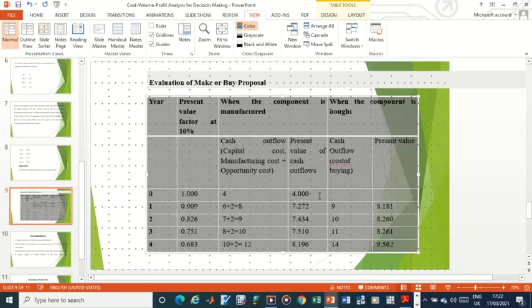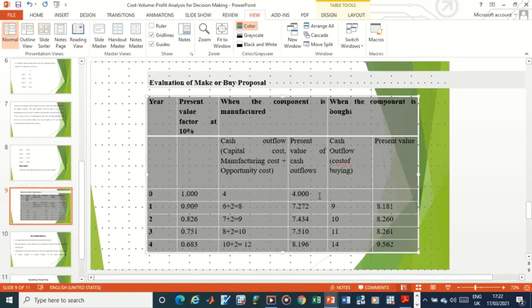And for the alternative option of buying the components, we have 8.181. That's the PV for the first year. The PV for the second year, 8.620.